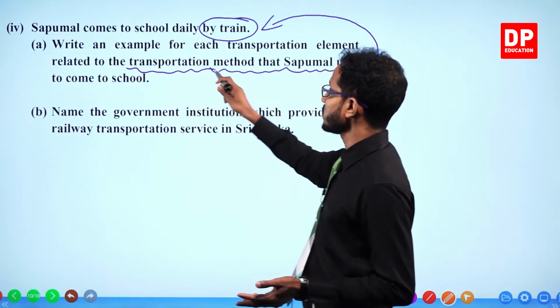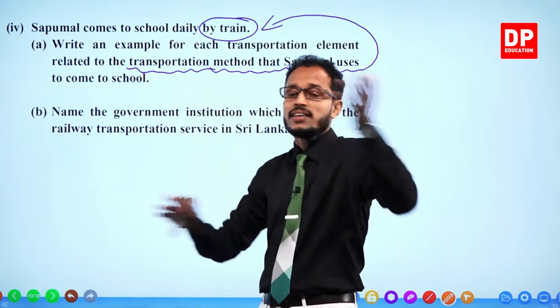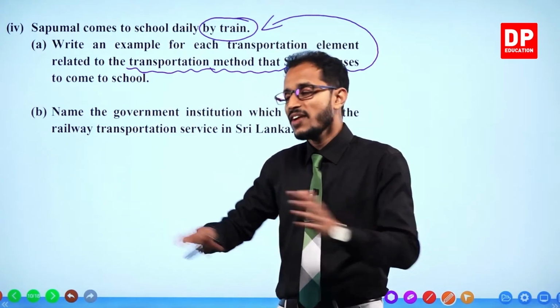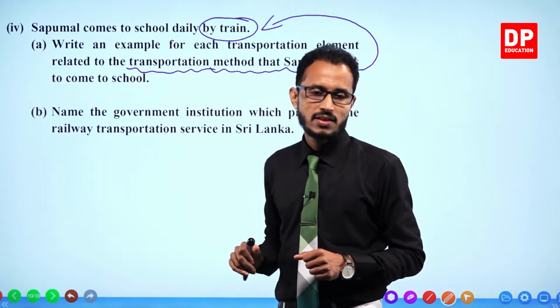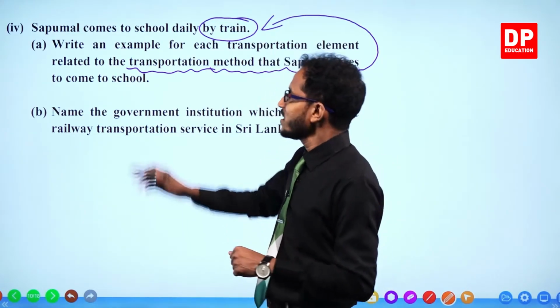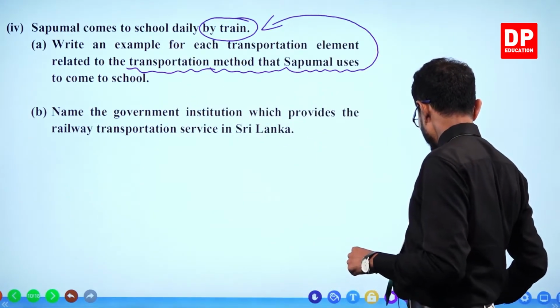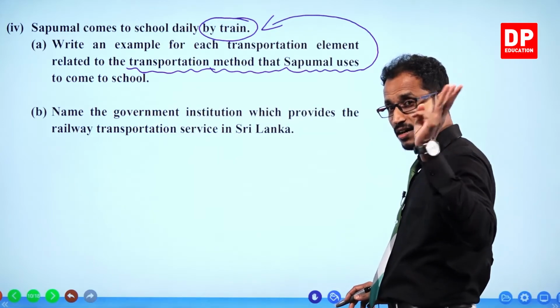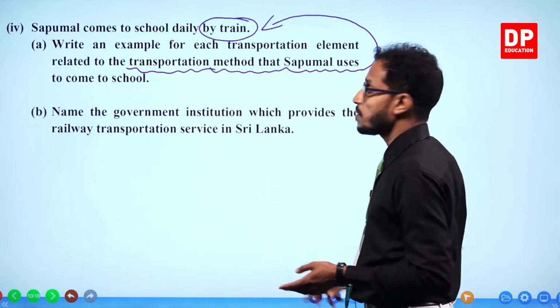Now you don't have anything to do about it. Sapumal is taking the train. Now there's nothing you can do about it. Okay. Take the train and think of the other transportation elements related to trains.